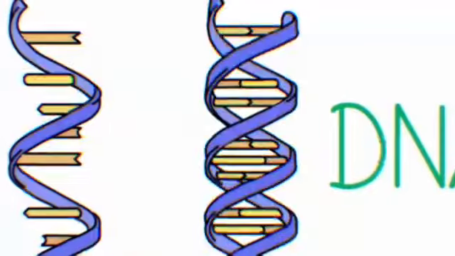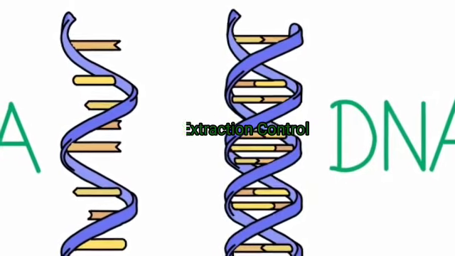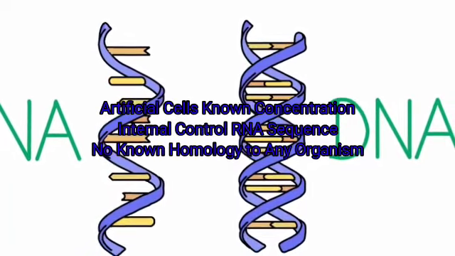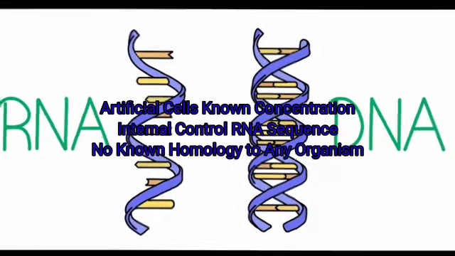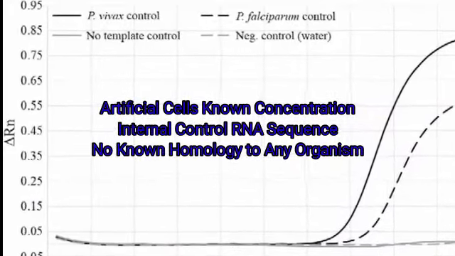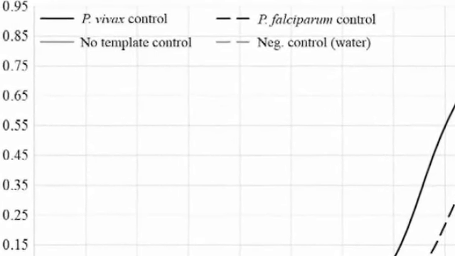Now, the RNA extraction controls. The RNA extraction controls consist of artificial cells of a known concentration containing an internal control RNA sequence, again with no known homology to any organism.